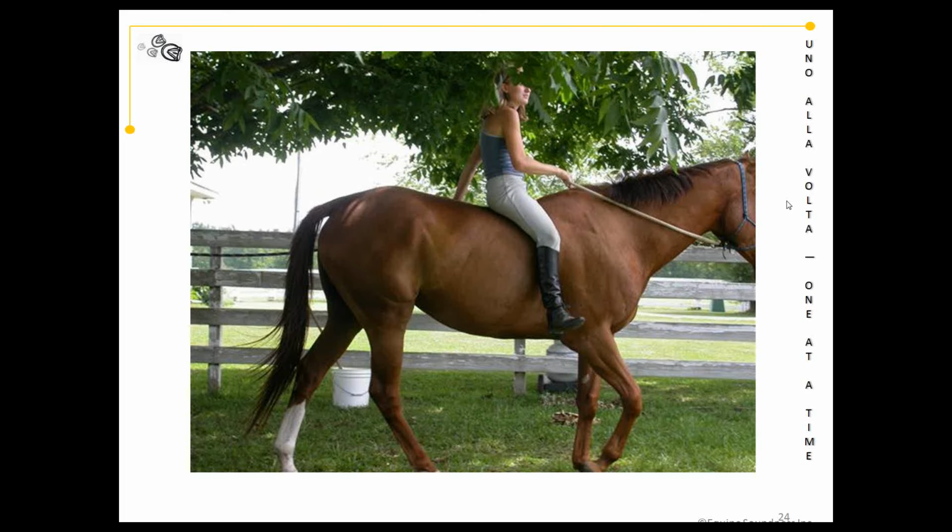Yeah, okay. But the barefoot thing here in Finland is quite uncommon, and the first thing people are worried about is the winter time. And actually that was one of my biggest worries also when I still had my horse with shoes.